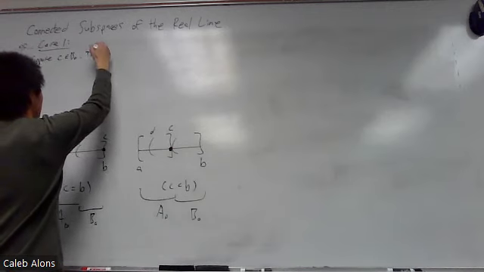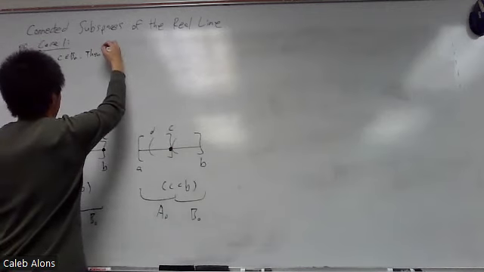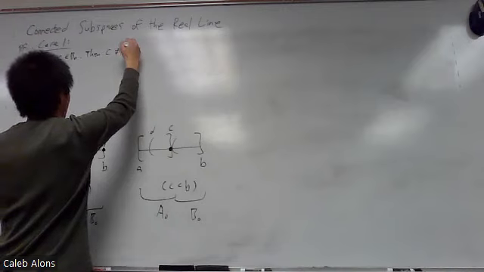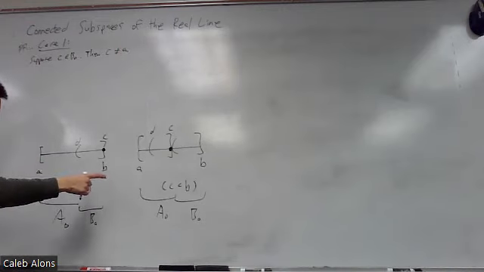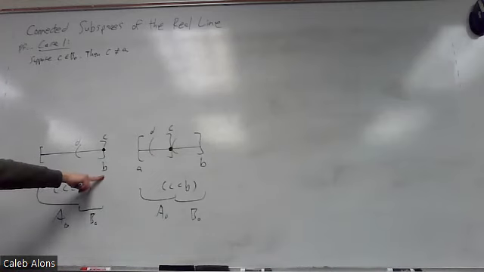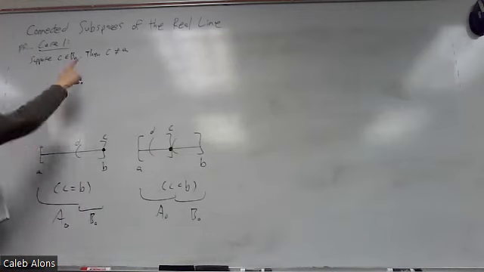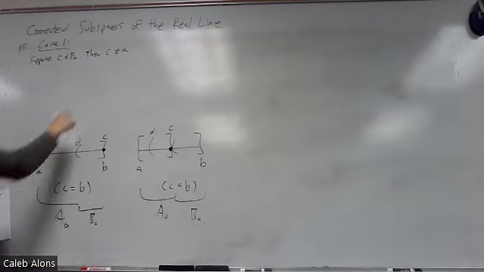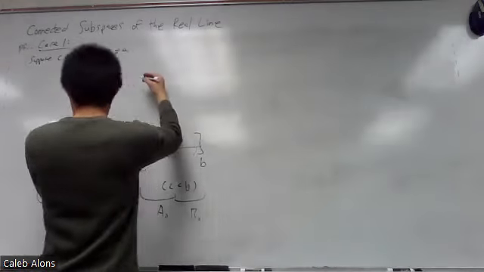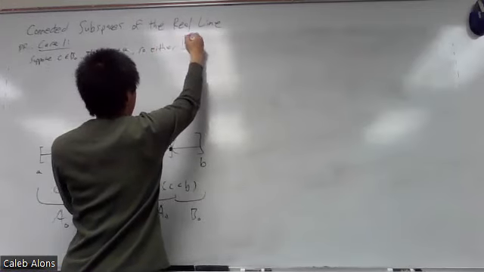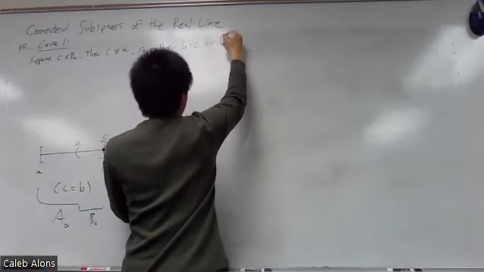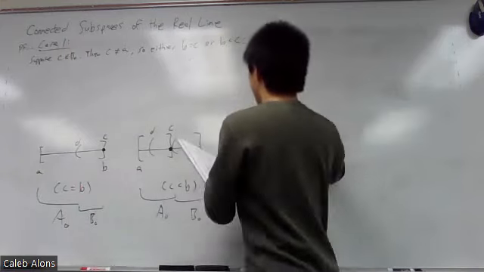Then by hypothesis, it's impossible for that to be in A. Because if they're supposed to be separated, then these guys should not be in the same set, which means it shouldn't even be possible for this, if it's in here, to be in A. So either B is C or B is less than C. So two cases.